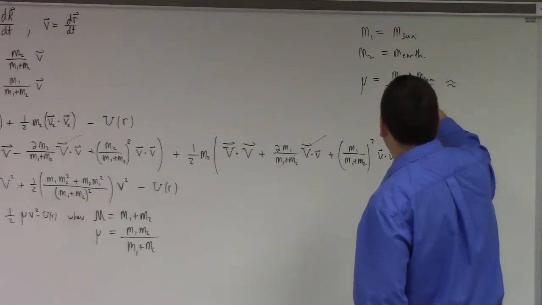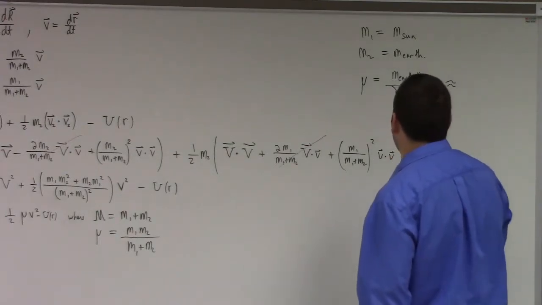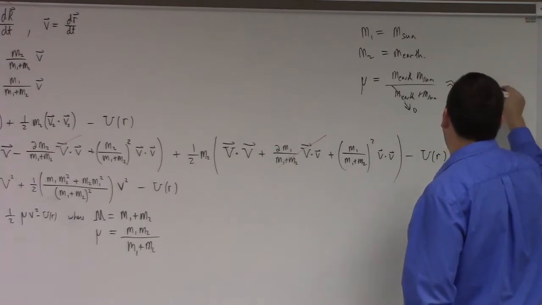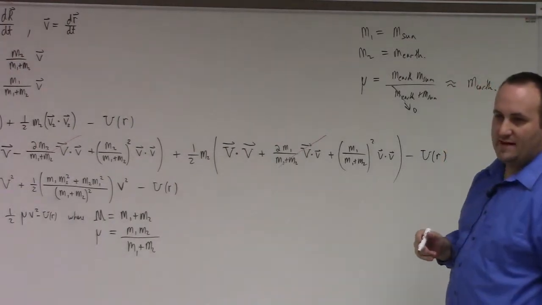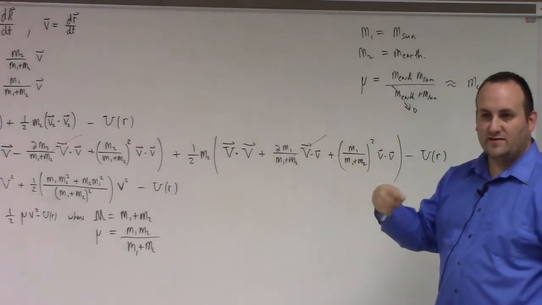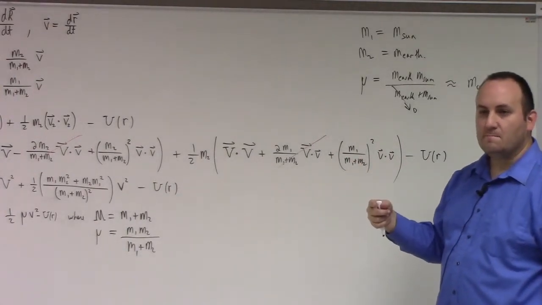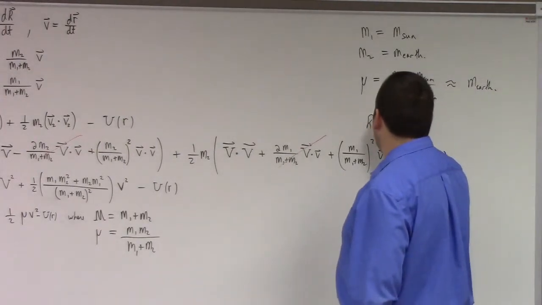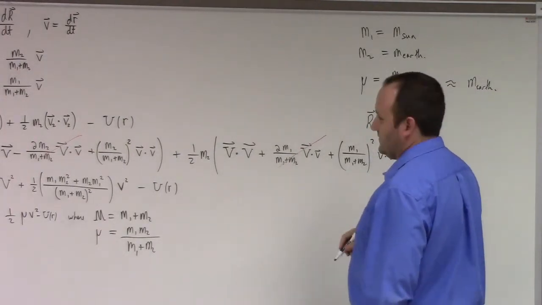So the mass of the Earth is essentially nothing compared to the sun, and so you just get mass of the Earth, right? So the reduced mass becomes the mass of the satellite if the central gravitating object is very large in mass, comparatively speaking. And how about the center of mass? What's R in this case?